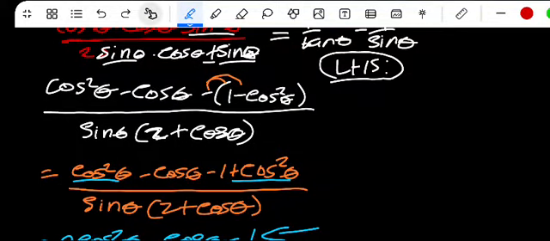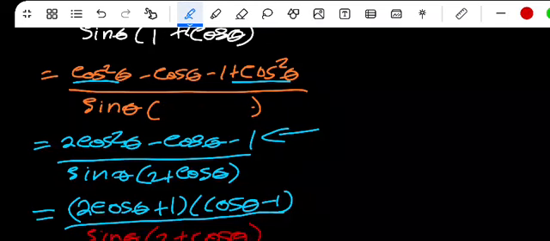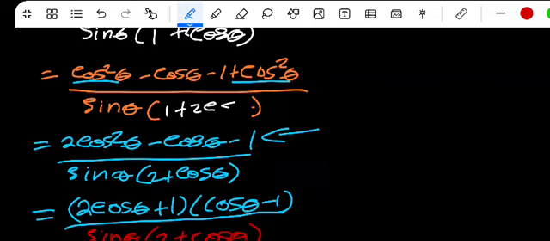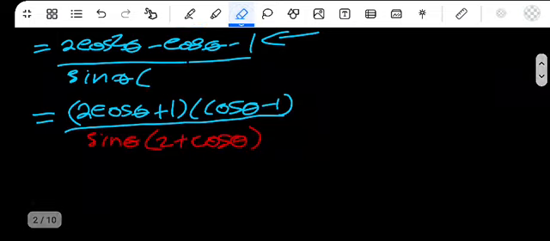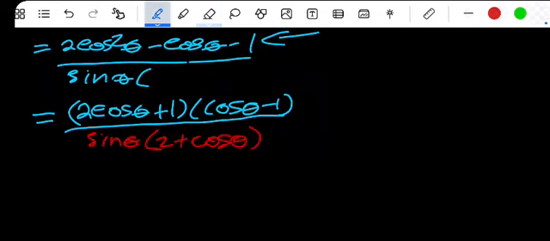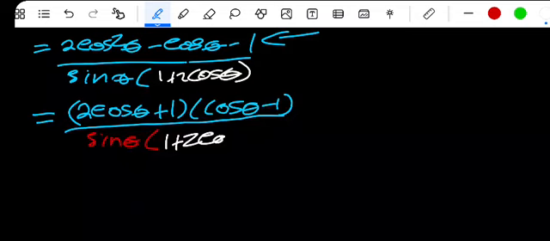When I take out the common factor, we have 2 multiplied by this cos, so we're left with 1. I made a mistake there: it is 1 plus 2 cos theta.